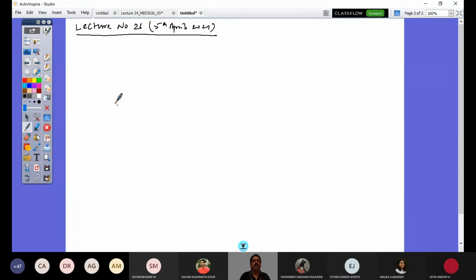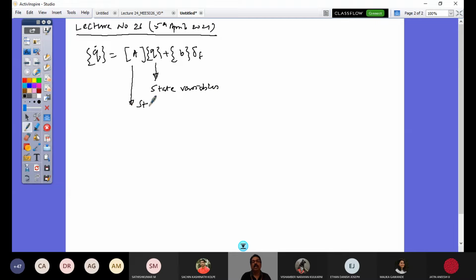That was represented by Q dot equals A into Q plus B into delta F, where this Q vector, a 2 by 1 vector, is called the state variables, the A matrix is called the state matrix, and this B vector is called the input vector.